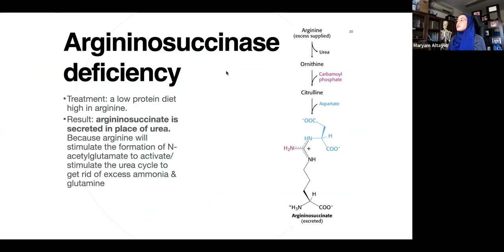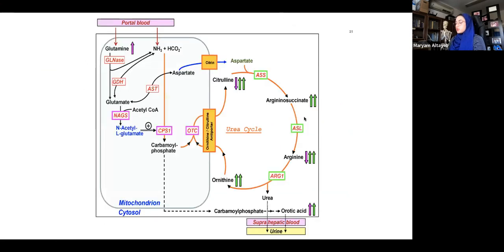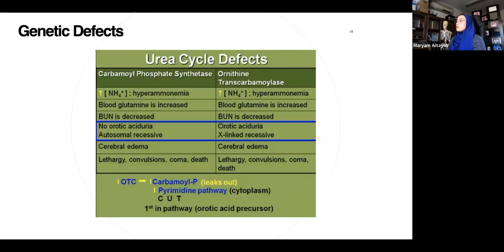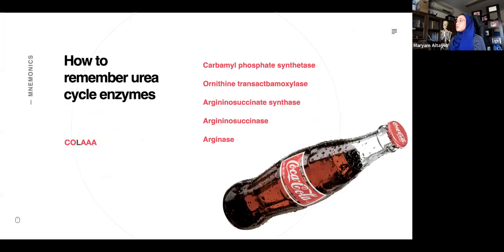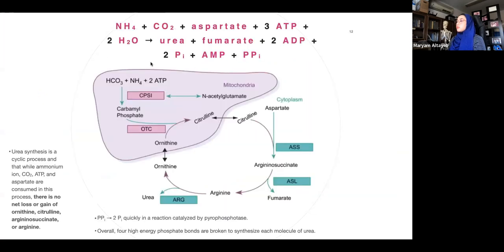Okay, so maybe this picture would be better. Arginine is very important for N-acetylglutamate. So the higher arginine levels you have, the more this is going to become active, right? And we know this is the key step in feeding the urea cycle forward.